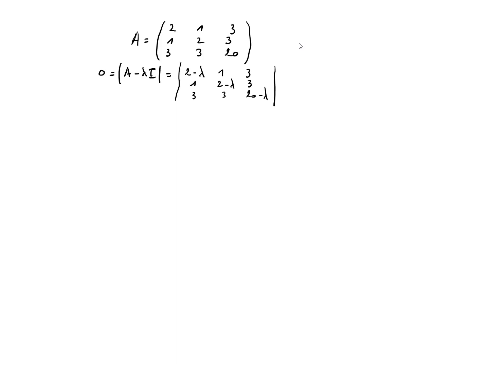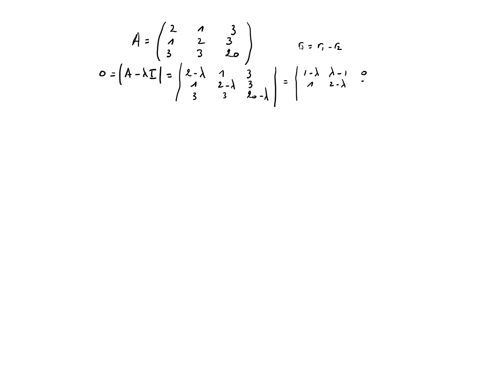So if you replace R1 by R1 minus R2, okay, we won't change the value of the determinant, and we'll have 1 minus lambda, lambda minus 1, and 0 over here, 1, 2 minus lambda, 3, and here we'll have 3, 3, and 20 minus lambda.